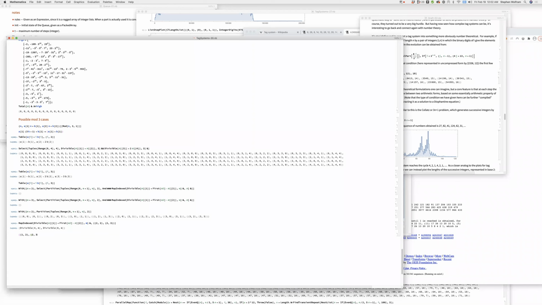2, 3, 1, 4, let's say. Okay, that will be a mod 3 case. And so in the case of mod 2, the 3n plus 1 problem is specifically 1, 0, 3, 1. Correct? Okay. That's 3n plus 1. So what I want to know is, maybe this is the better way to do it.